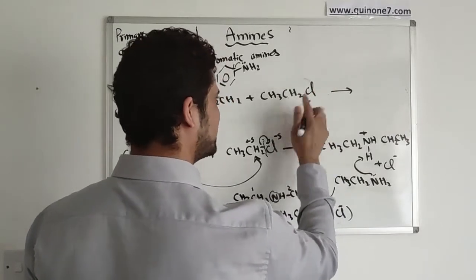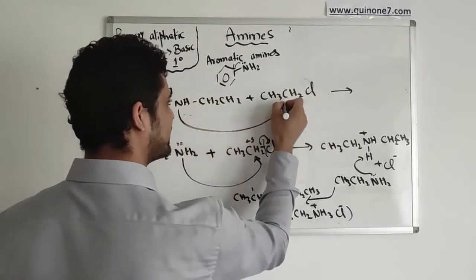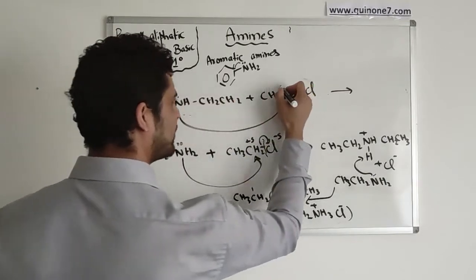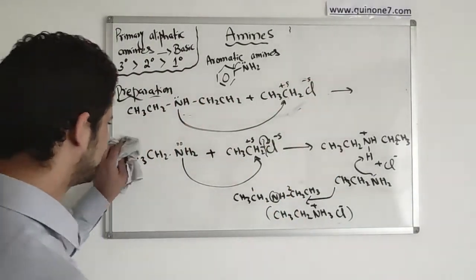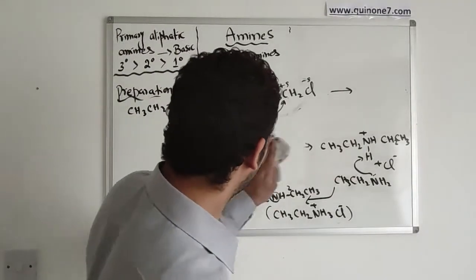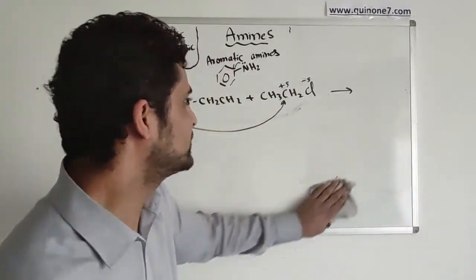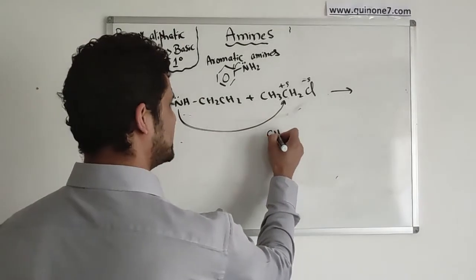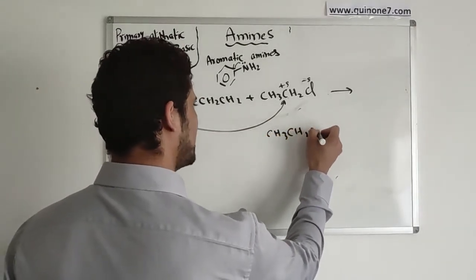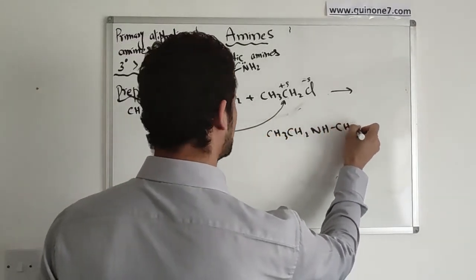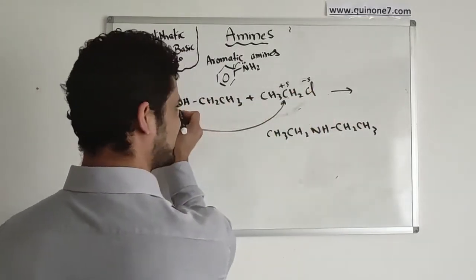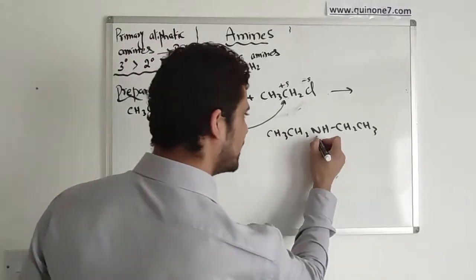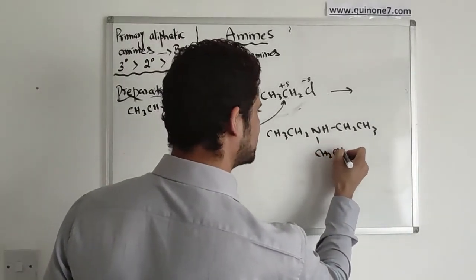to attack the haloalkane, and that nitrogen will attack on this carbon atom, which has a partial positive charge and chlorine a partial negative charge. Now, you know that the intermediate will be formed first, which will be the CH3CH2NHCH2, just like that, and that carbon will be attached itself to the nitrogen, and that will be CH2CH3.